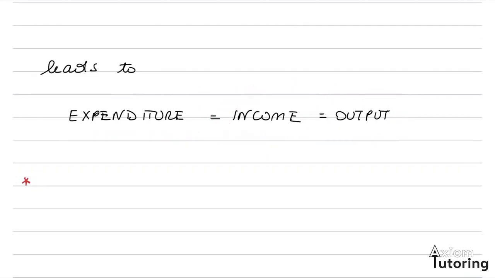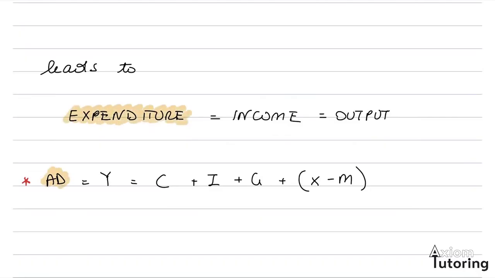Thanks to this, we can define the identity for aggregate demand, still from our A levels, as being equal to GDP or output, as being equal to summing up consumption plus investment plus government expenditure or purchases plus net exports, so exports minus imports. Again, here we have our expenditure side because we know that aggregate demand is defined as everything that is purchased within an economy, but we also have our output side, everything that is produced within an economy.